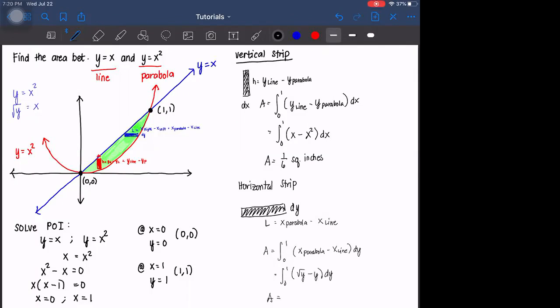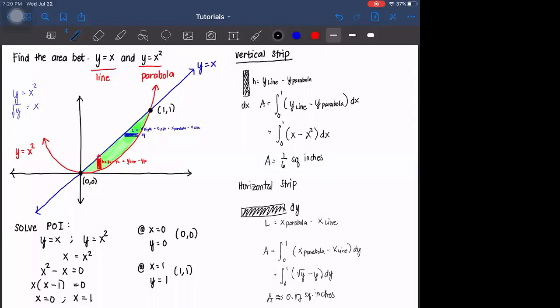The calculator is loading. You can also just solve it manually. Go. The answer is 0.16666, which is approximately 0.17 square inches.